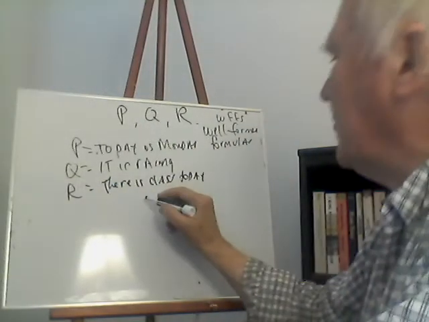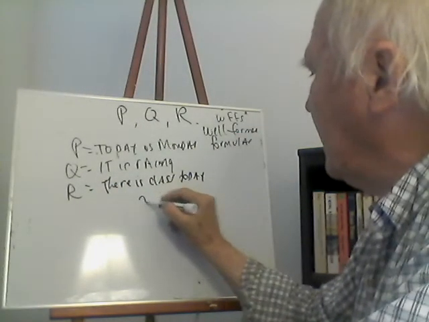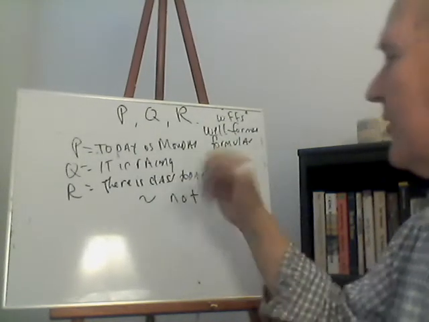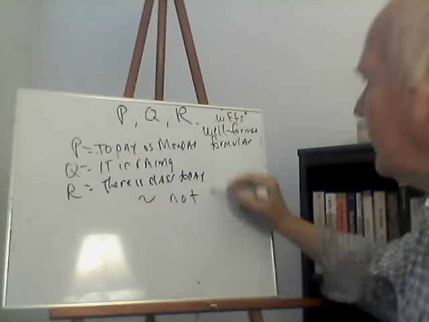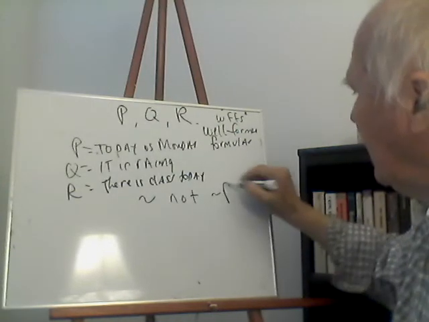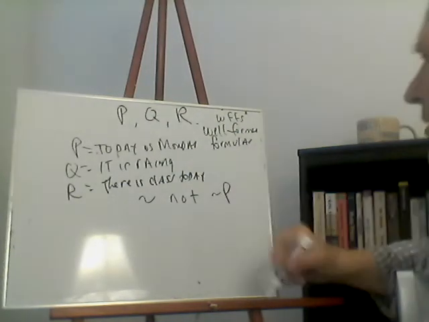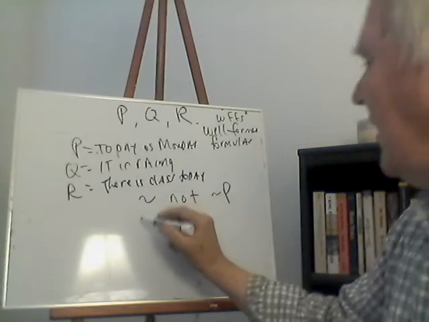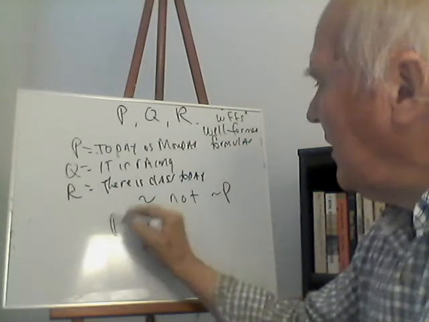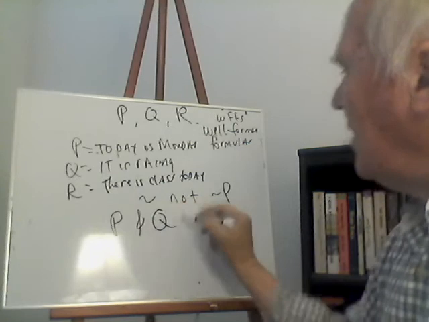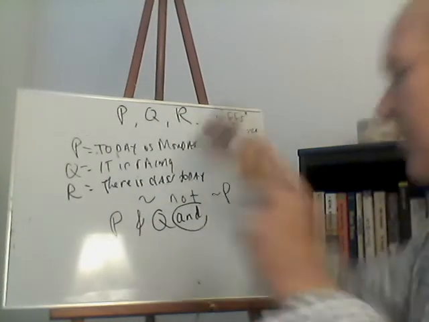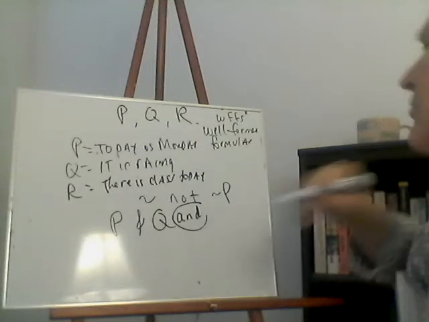And here are the symbols. This is the symbol for not, or it is not the case that. So for example, if P stands for today is Monday, then not P would mean it is not Monday today. And here's the ampersand, that's for and. So P ampersand Q basically means and. I'll go over this in more detail, but that's an approximation.